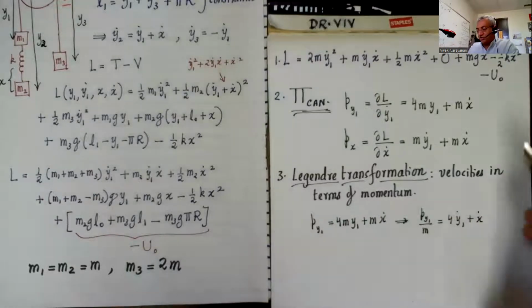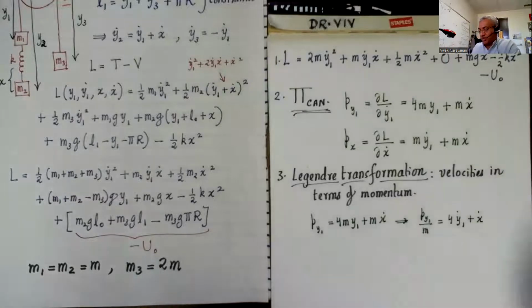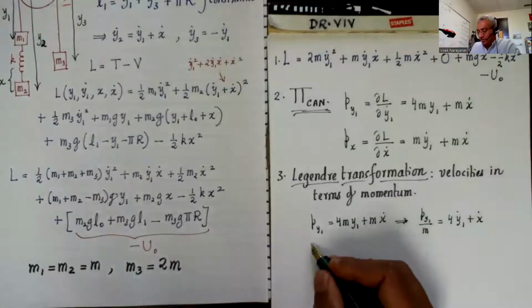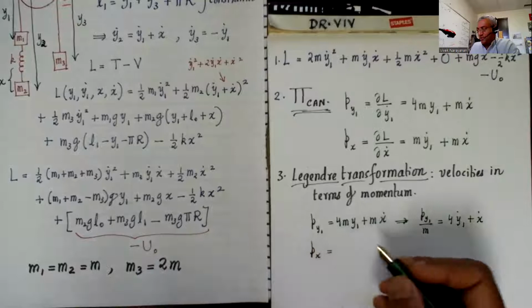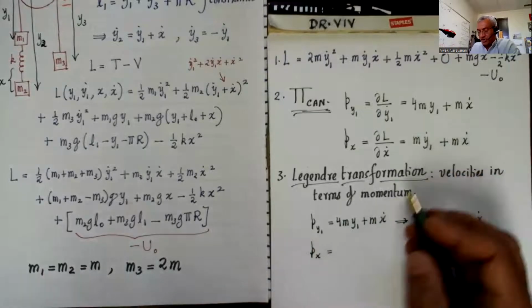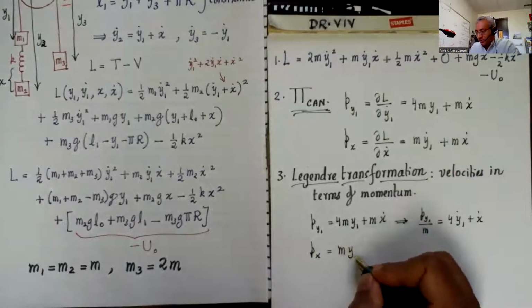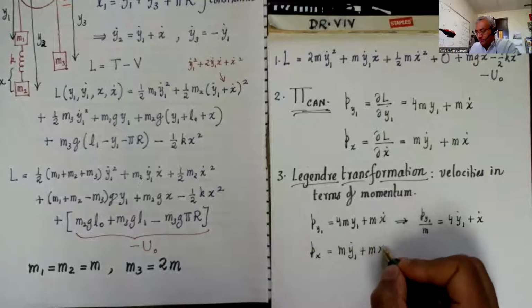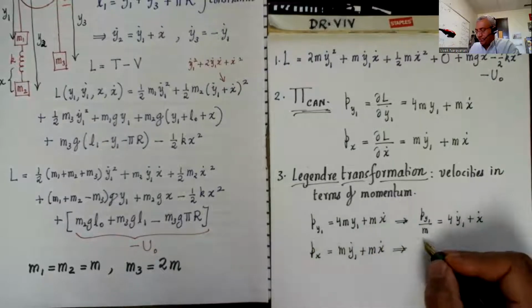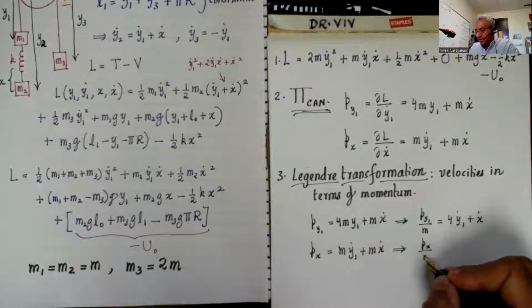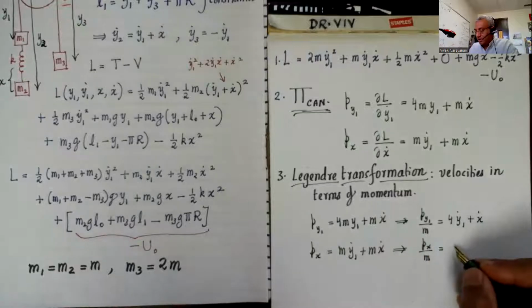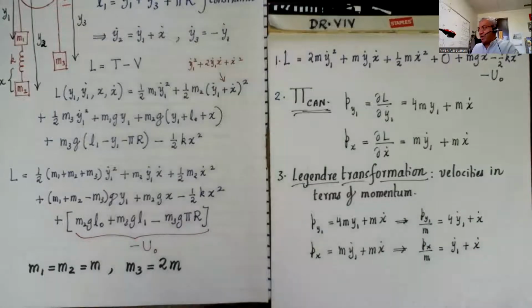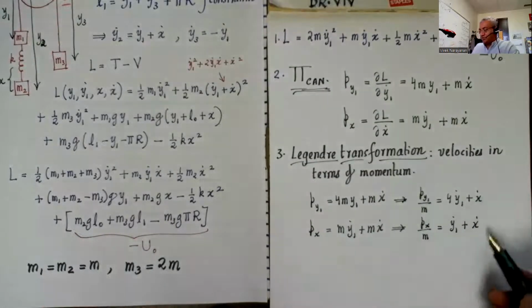The reason I do this is because I see the same term on both sides, so that I sense there's a simple way of dealing with this. So px is, I'll write that down again, it's m y1 dot plus mx dot, which tells me that px divided by m is going to be y1 dot plus x dot. Now all I have to do is subtract these two equations.